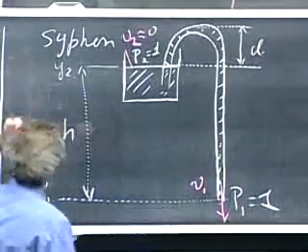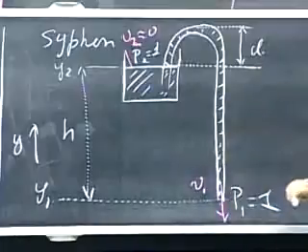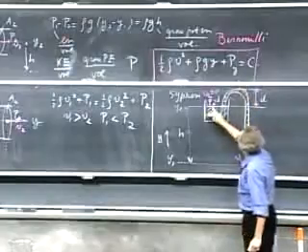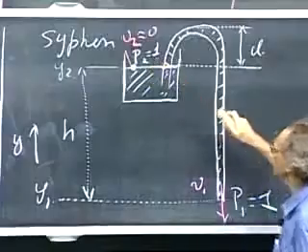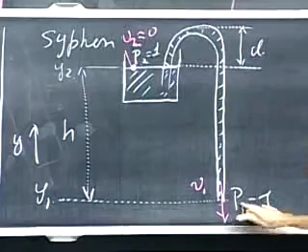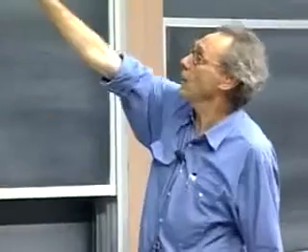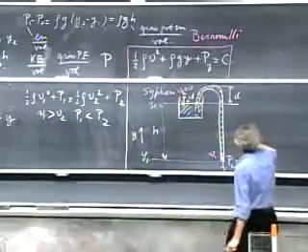I apply Bernoulli's law. So now we have a situation where the y's are different, but the pressure is the same, because right here, at this point of the liquid, I have 1 atmosphere, which is barometric pressure, and since this is open with the outside world, P1 is also 1 atmosphere. So now I lose my P term. There I lost my Y term, now I lose my P term.